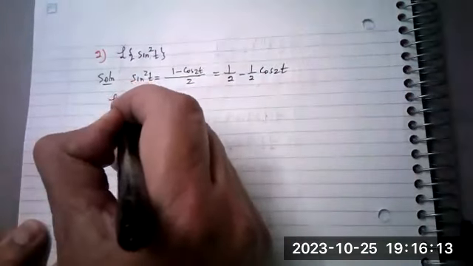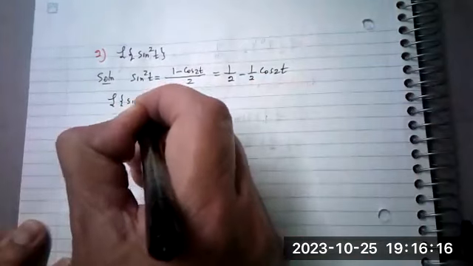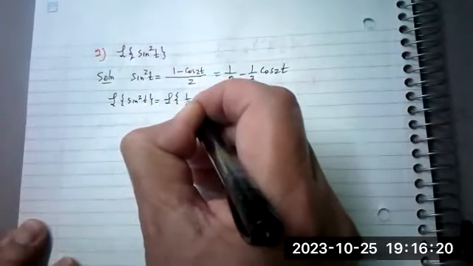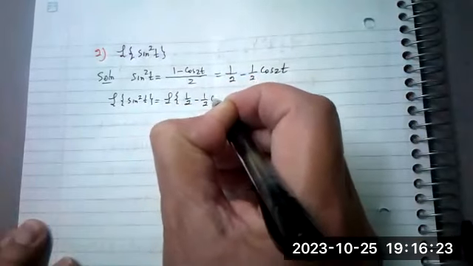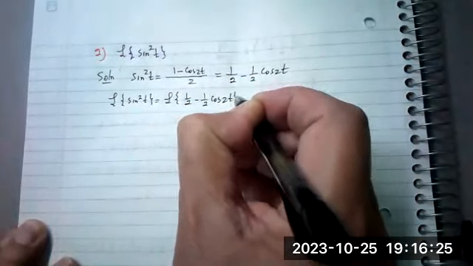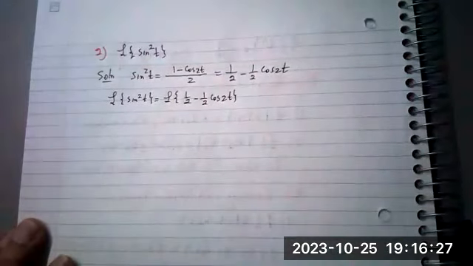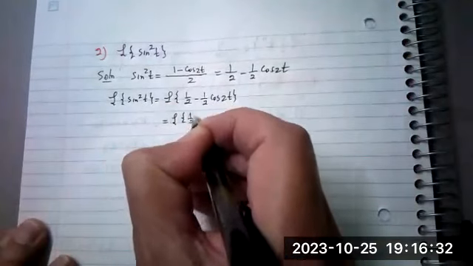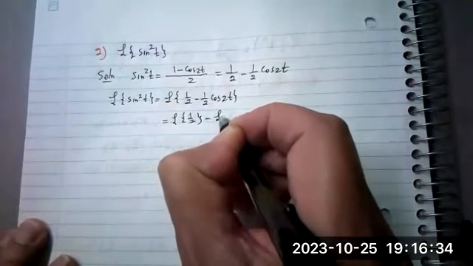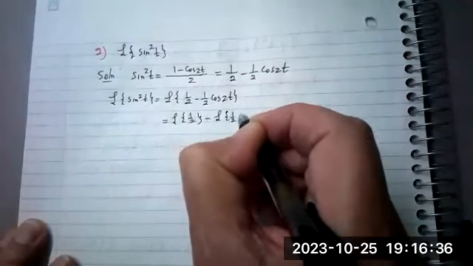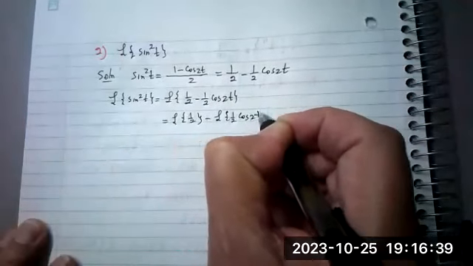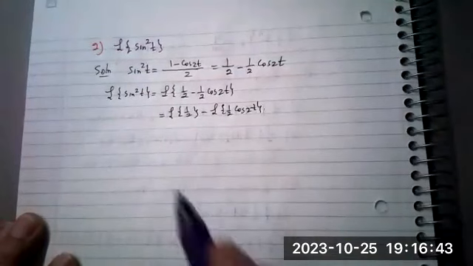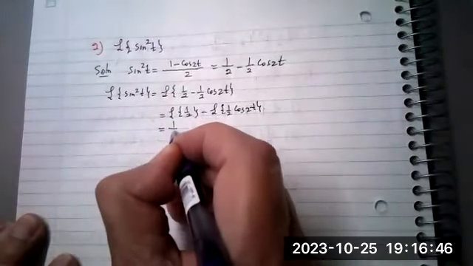So the Laplace of sine square of t is the same as the Laplace of 1/2 minus 1/2 cosine of 2t. Separate it, so it's going to be Laplace of 1/2 minus Laplace of 1/2 cosine of 2t. You can pull out the coefficients. So this is going to be 1/2.